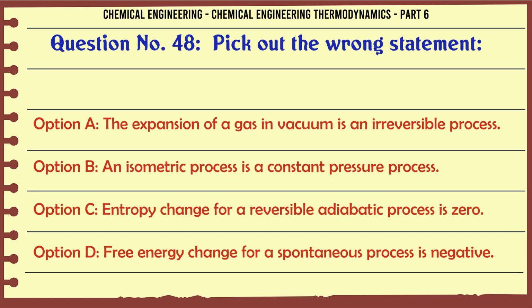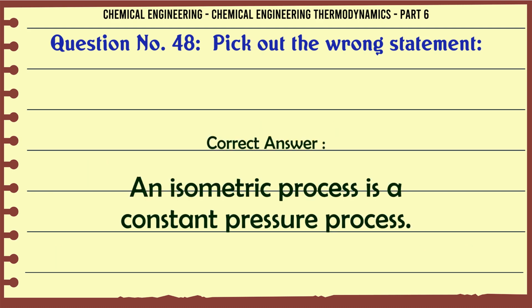B. An isometric process is a constant pressure process. C. Entropy change for a reversible adiabatic process is 0. D. Free energy change for a spontaneous process is negative. The correct answer is an isometric process is a constant pressure process.